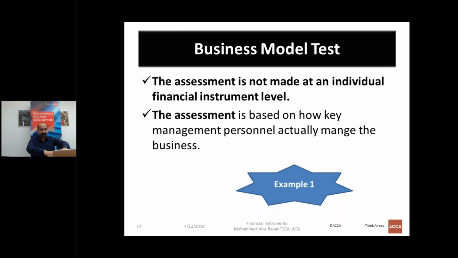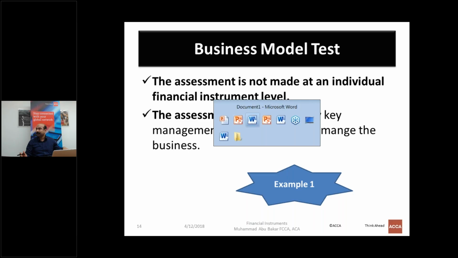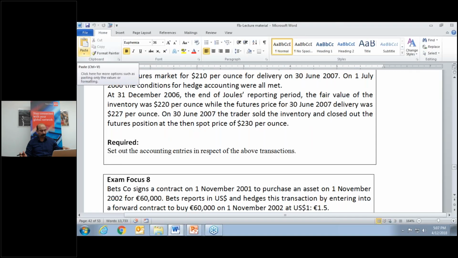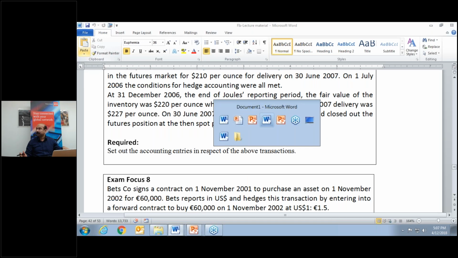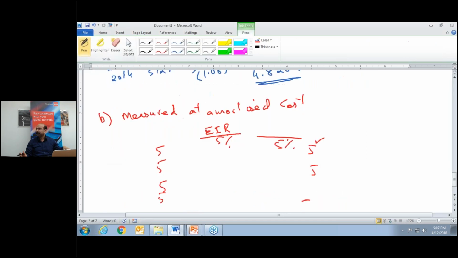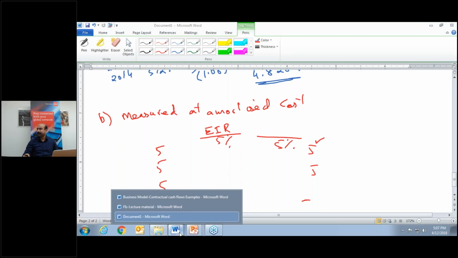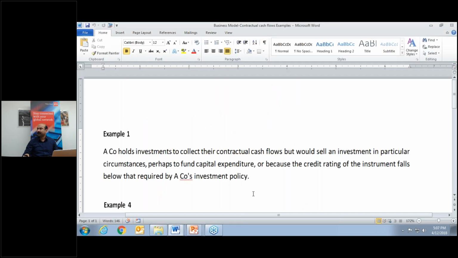Let's have a look at example number 1. This is the example which is in front of you.